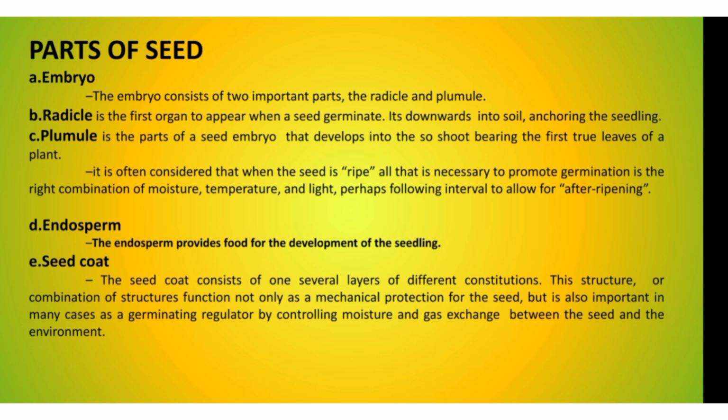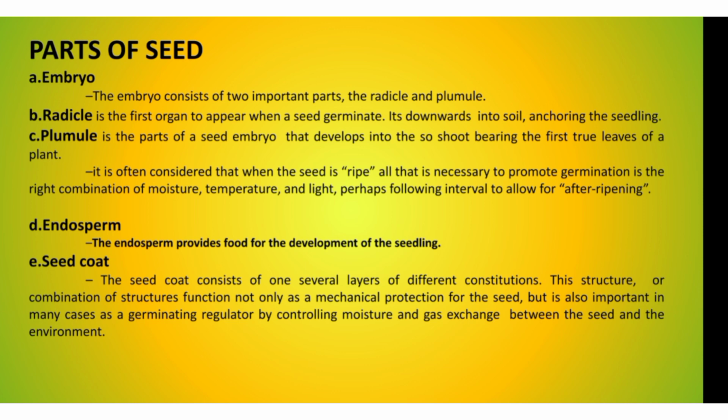It is often considered that the seed is ripe, and all that is necessary to promote germination is the right combination of moisture, temperature, and light, perhaps following an interval to allow for after-ripening. Fourth is the endosperm. The endosperm provides food for the development of the seedling.